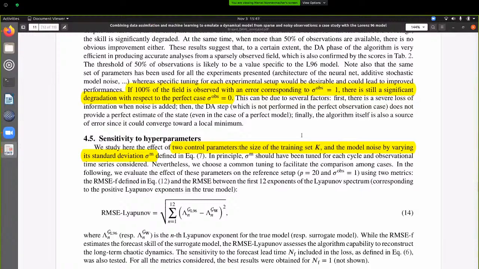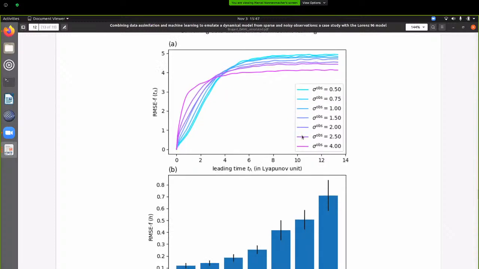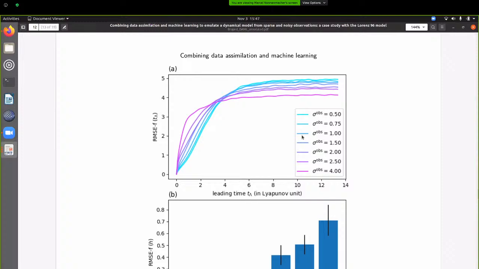And then two more things that they really look at. What if you have different amounts of noise? As you would imagine, the more noise you have, the worse you learn the dynamics. So this is noise on the observation sequence, and the RMSE, the prediction error, is on a model that is completely trained on data with this noise level.